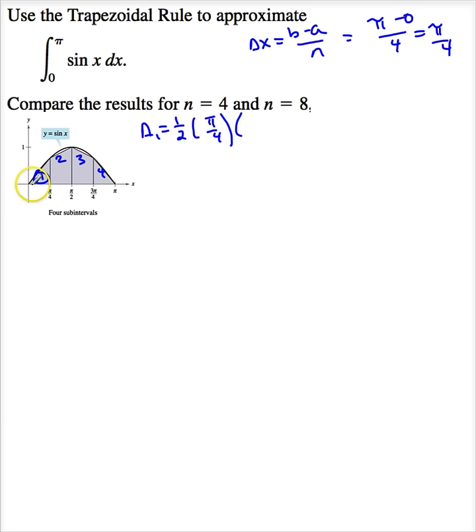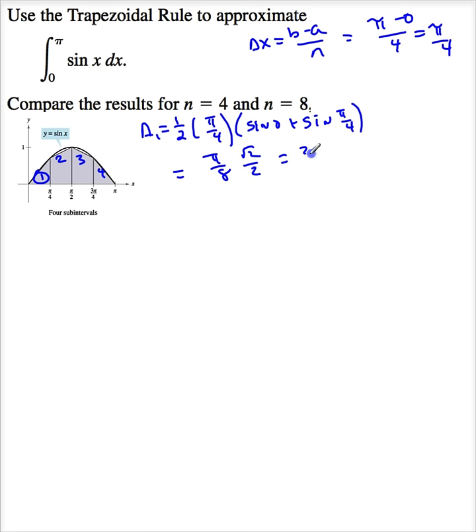Now, this is a degenerate trapezoid. It's actually a triangle because my function evaluated at 0, sine of 0 is just 0, plus sine of pi over 4. So what does this become? This becomes pi over 8. Sine of 0 is 0. Sine of pi over 4 is the square root of 2 over 2.